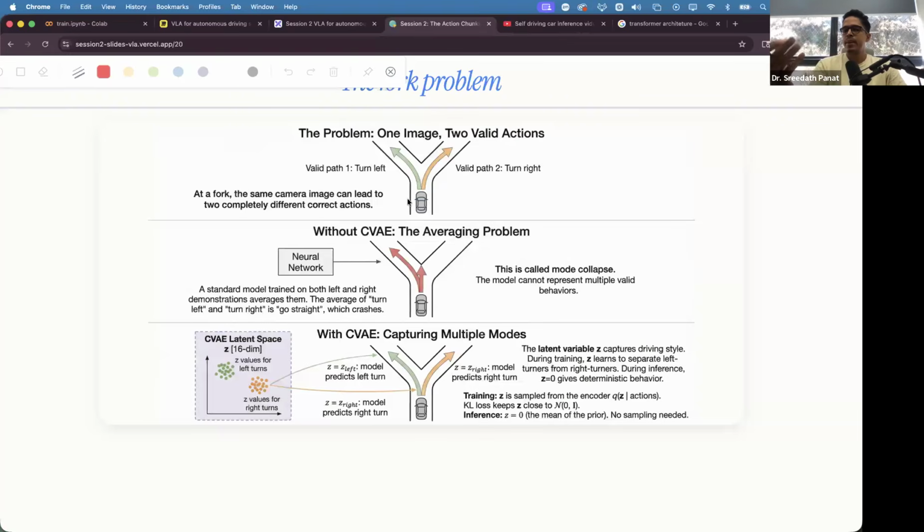But if language intent is present, then the input is different, because even if the car is at that junction, the language input added to the image tokens is different. But if language is missing, inherently the input is the same, because the car is staying here. It sees the same thing in the training data, but it has to take one action.